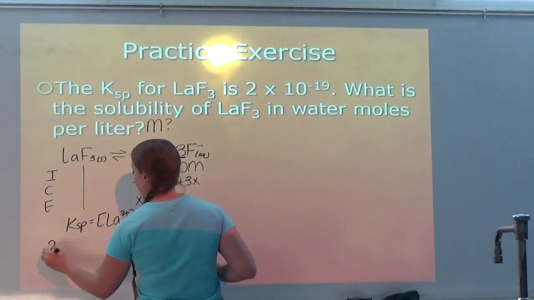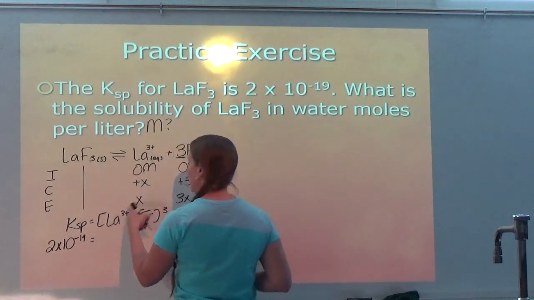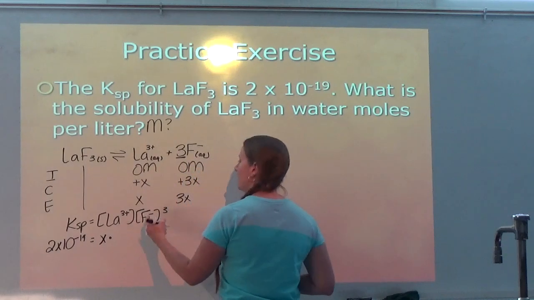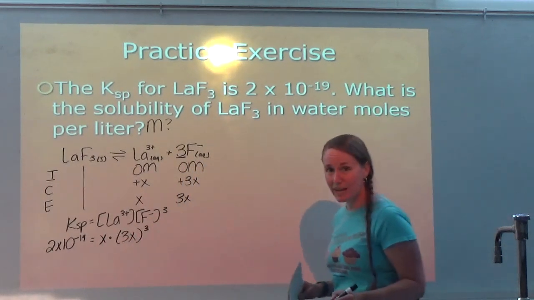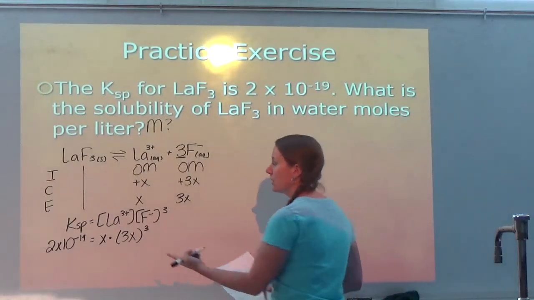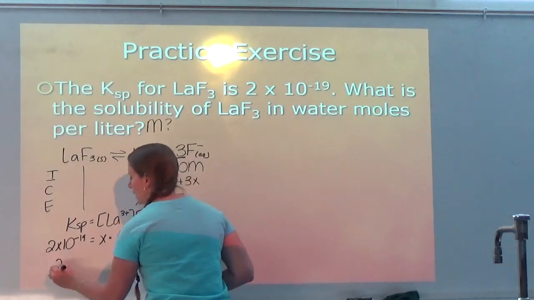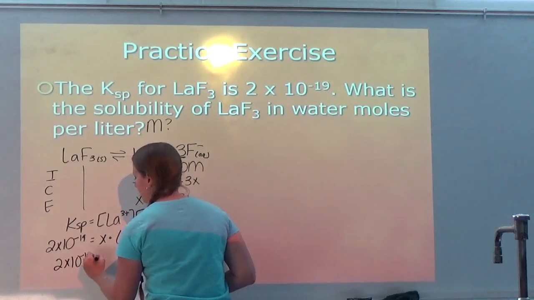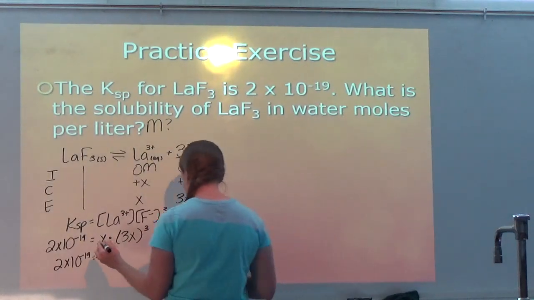All right, so then I plug in. So my K value is 2 times 10 to the negative 19. My La is just X. My F minus is 3X, but I'm going to cube that. So be aware, you're going to cube the 3 and cube the X. Okay, so it ends up being 3 cubed is 3 times 3 times 3, which is of course 27.